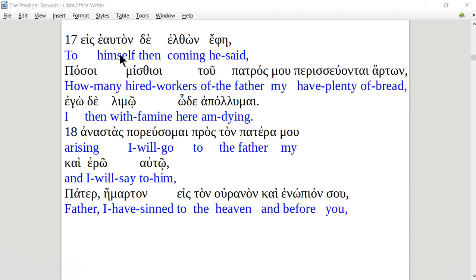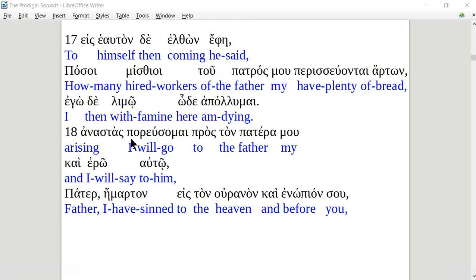Coming to his senses, he said, Posoi misthioi tou patros mou, how many hired workers of my father have plenty of bread? Ego de, I, but here it's probably best to translate this de by but or though. While, in fact, in English we say, while I am dying here with famine.